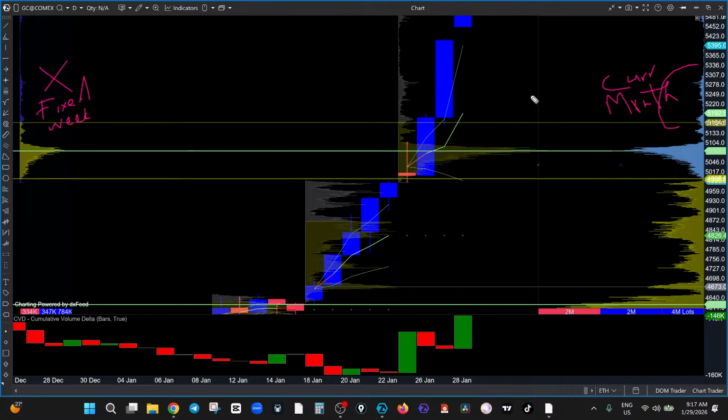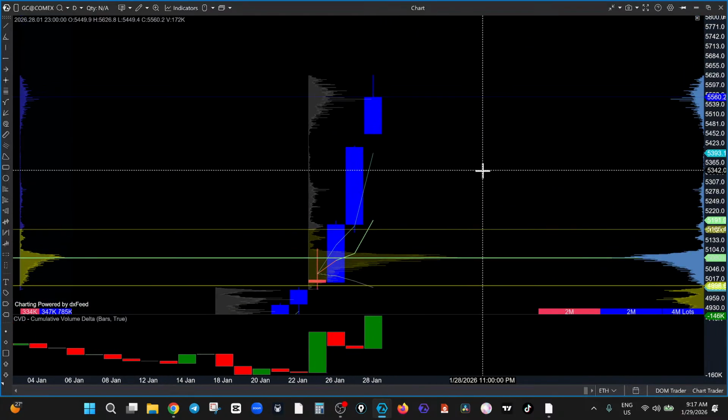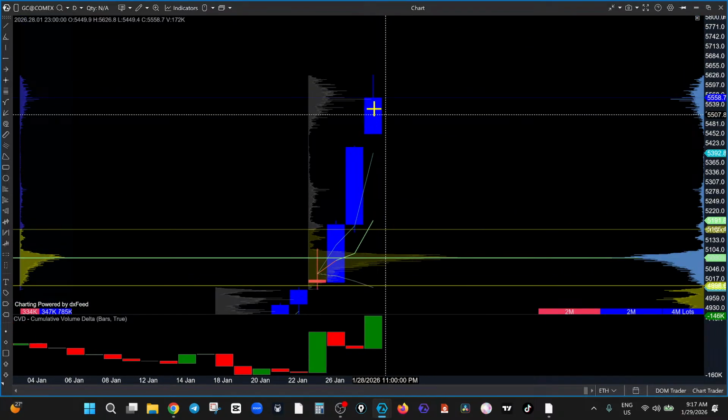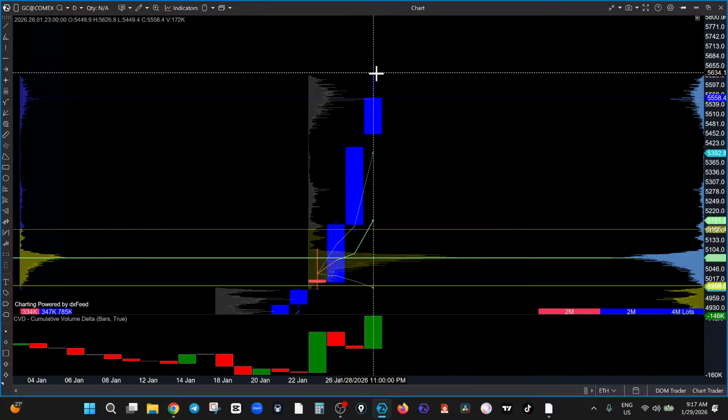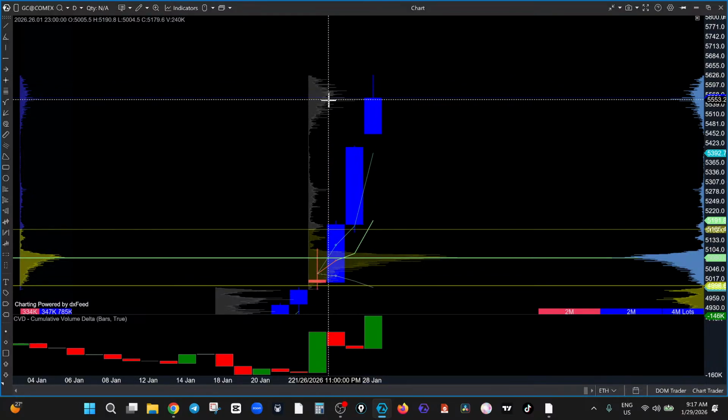Now there are some certain trades we took here. I'm going to show you how that trade was taken, and then what I'm expecting now. What is the possibility of a trade on gold? So currently, this is where gold is, and as you can see, more volumes are being traded at this top here.